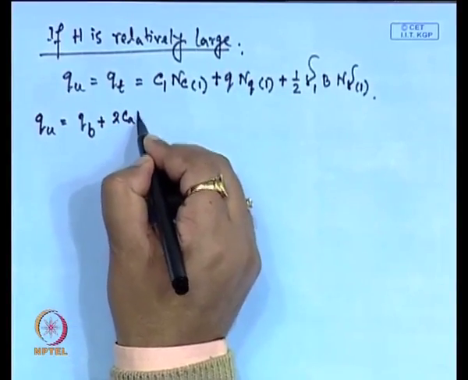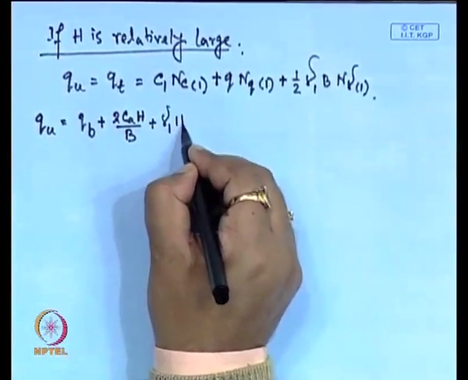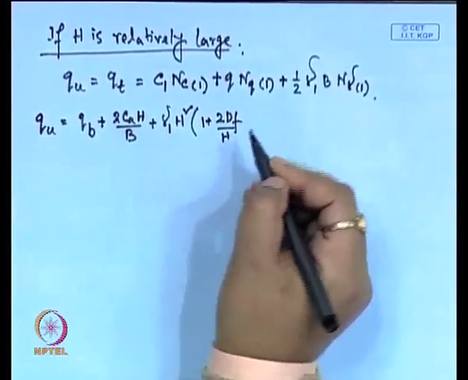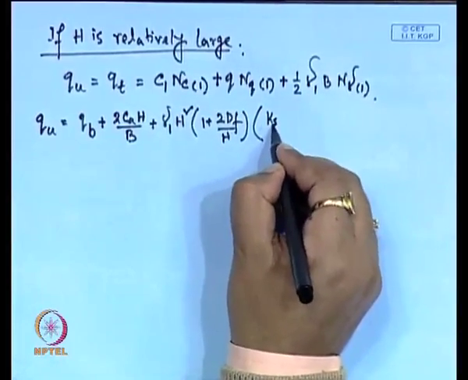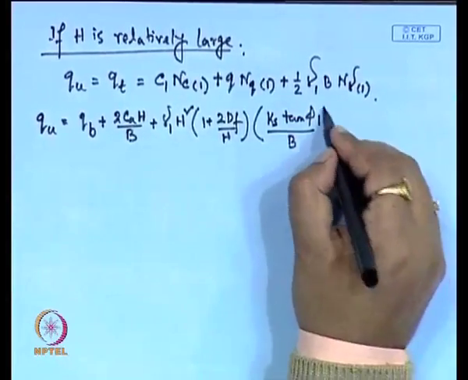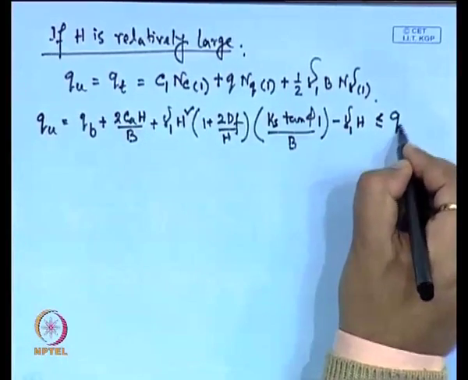So, in conclusion we can write that Qu is equal to Qb, the contribution from the bottom layer, plus 2 Ca H over B plus gamma 1 H squared (1 plus 2 Df by H) Ks tan phi 1 divided by B, minus gamma 1 H, and that cannot be greater than Qt.